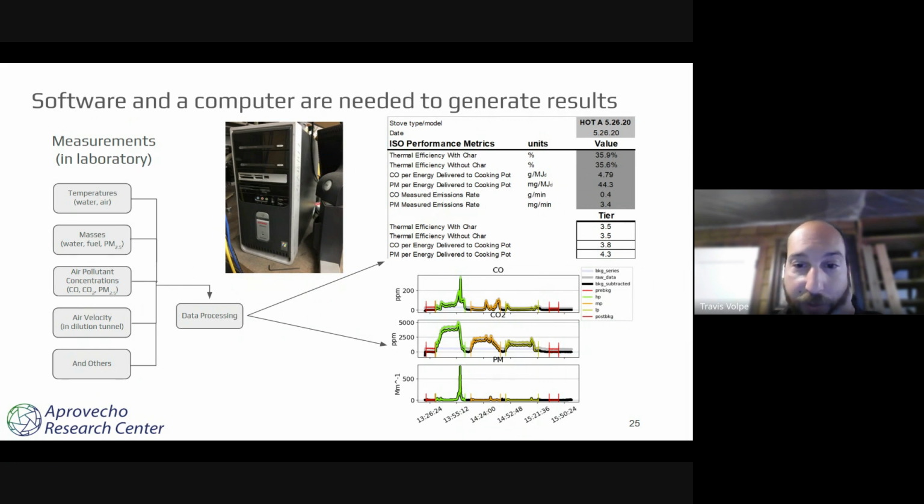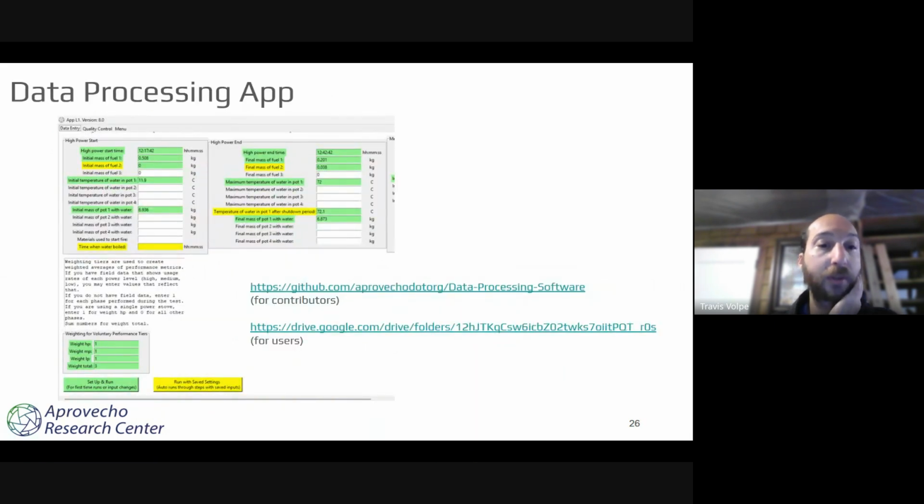The data processing also allows us to graphically view and visually compare different aspects and different parameters of the test. This is a screenshot of the newly developed data processing app.